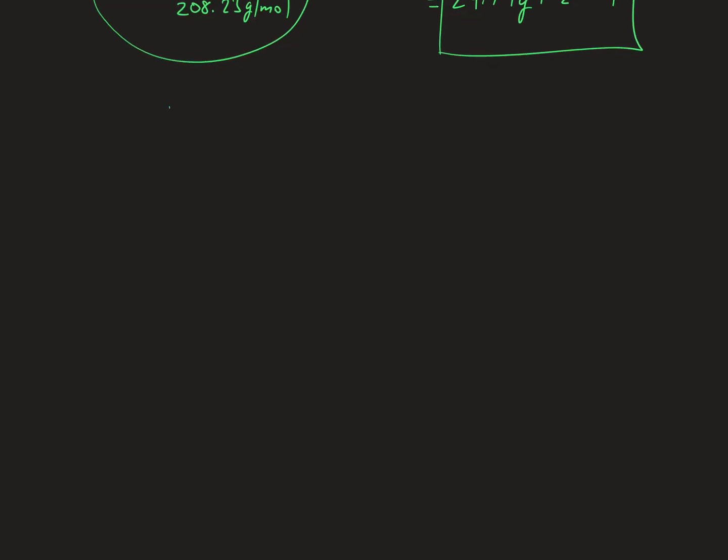So I'm going to use the same equation: K2SO4 plus barium chloride gives us 2KCl plus barium sulfate.